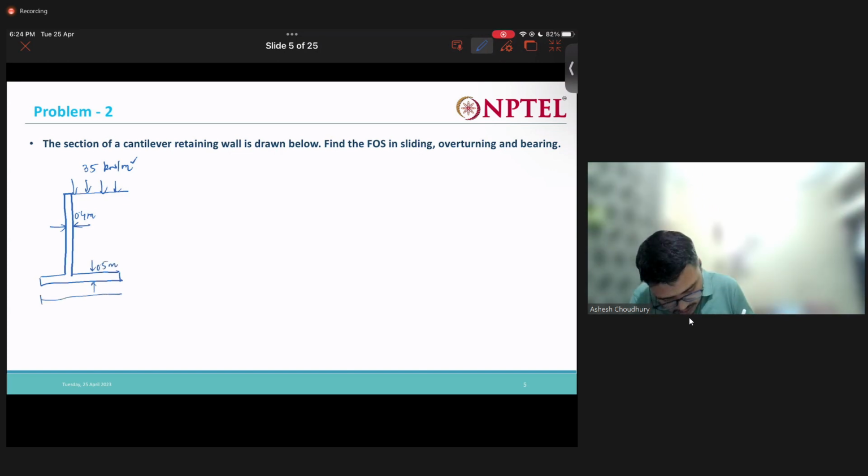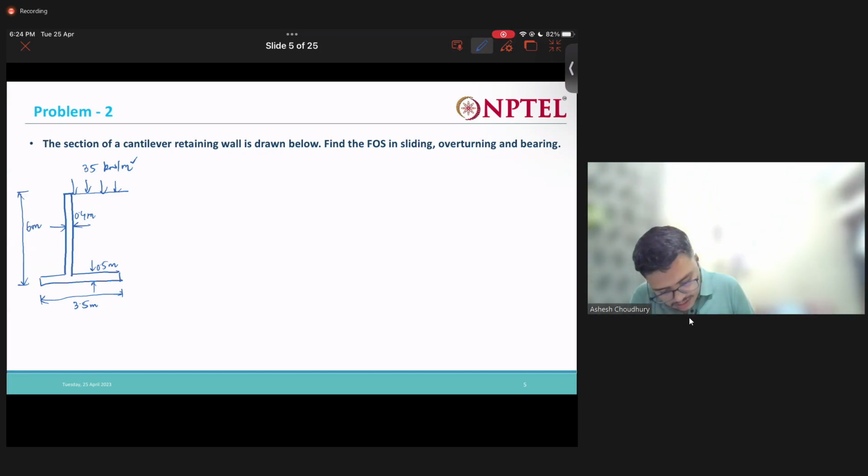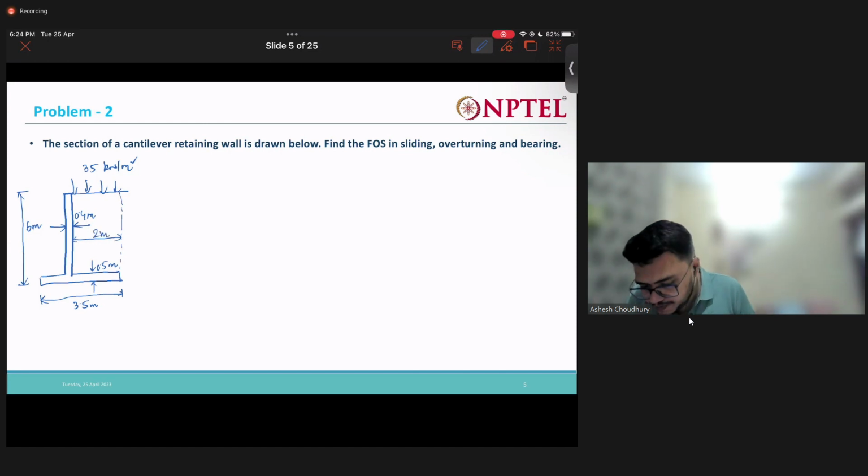This base width is 3.5 meters. This height is 6 meters. Okay, correct. And this part of the soil is 2 meters.